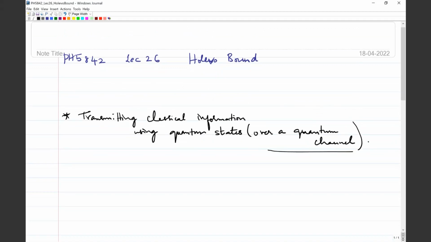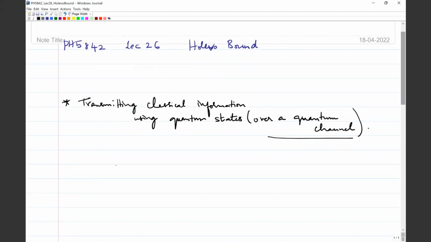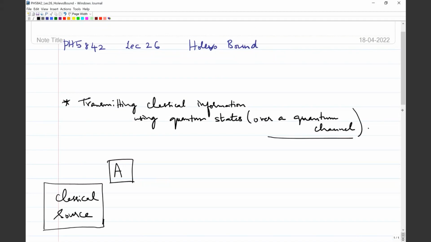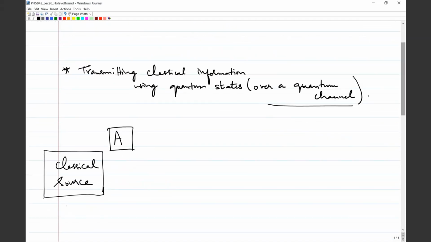So the kind of picture that we have is this, that you have a sender A who has a classical source with her. And this classical source is generating some symbols. So associated with this is a classical random variable, and there's some set of symbols x which are generated with probability p_x, and this x could go from 1 to n or 0 to n minus 1.